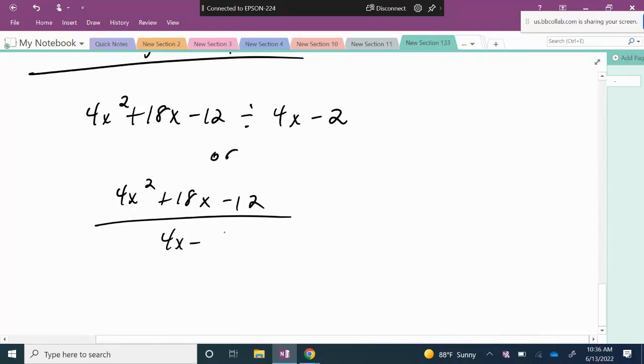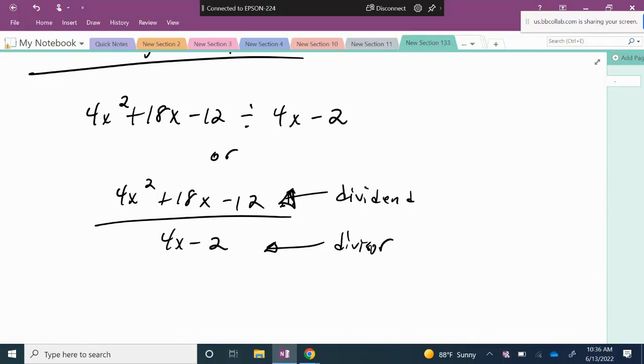In either case, we have a divisor, which is the denominator, and we have a dividend. The numerator is the dividend, and the denominator is the divisor.